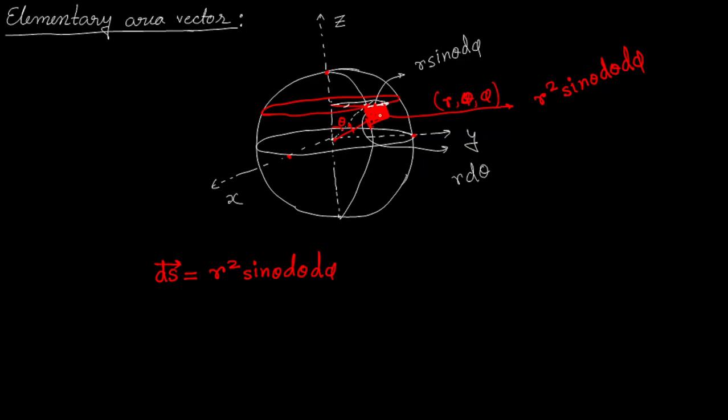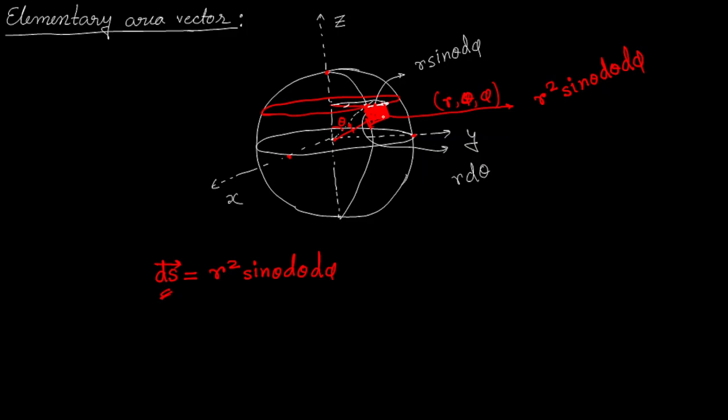So what we have to do, consider you are inside the sphere and you want to draw an outward normal. Sphere is a closed surface. So to draw the direction of the area vector, we have to draw an outward normal at any point on the surface.